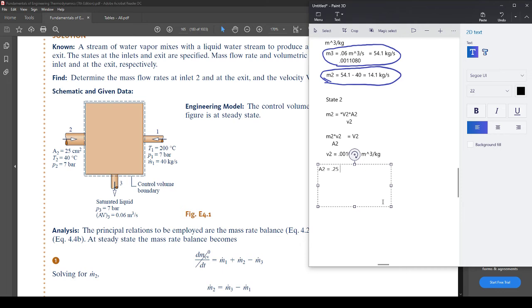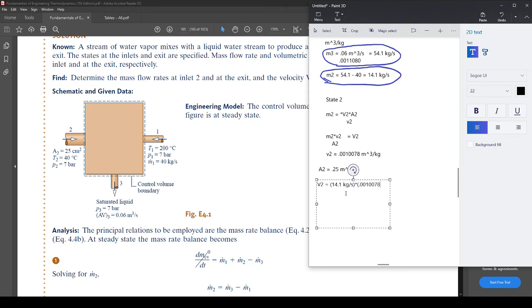So, 0.25 meters squared is what I'm going to call it. So, divide by 100, so 0.25 meters squared gets you that. And then if you throw this into the equation right here, you would get V2 is equal to 14.1 times, what was the other one, 0.001.